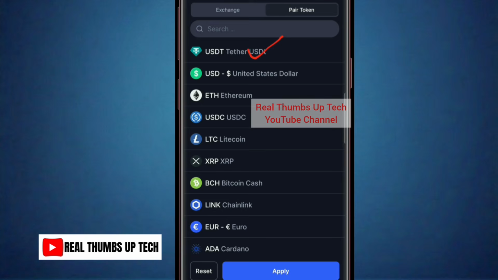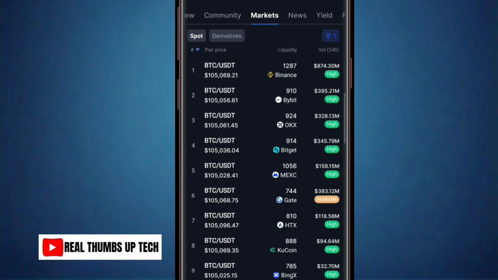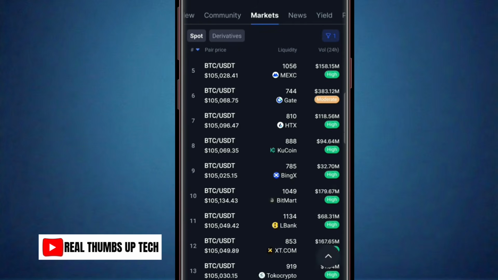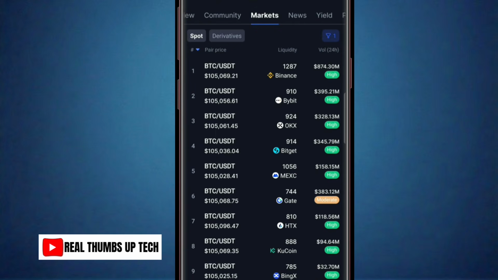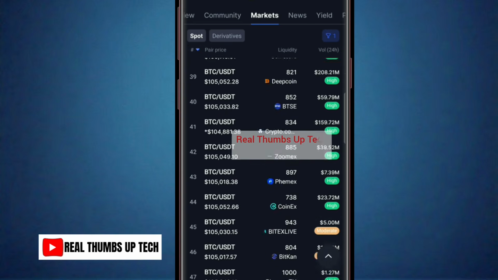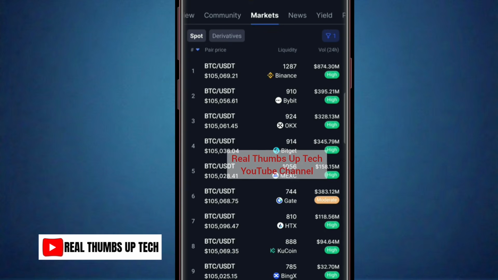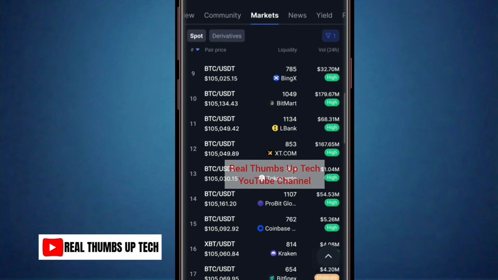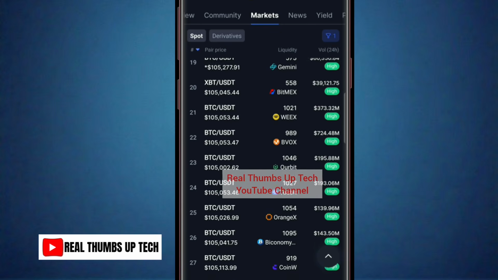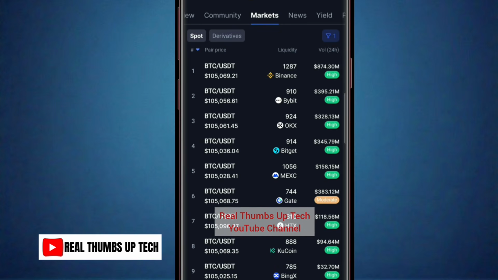Then you select USDT, after which you go down to apply. Under here, you see that we only have BTC paired with USDT on different exchanges. So this is the best way you can sort profitable crypto arbitrage opportunities without navigating through other pairs.